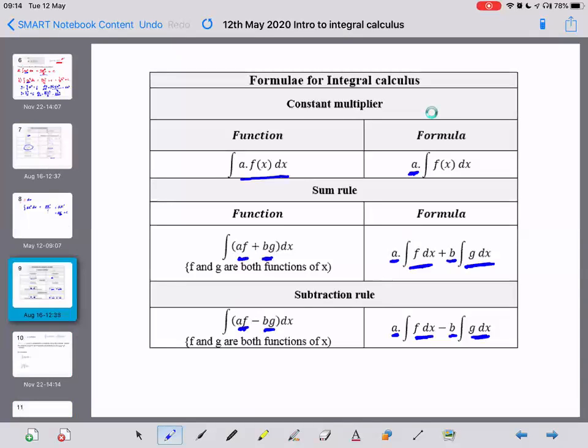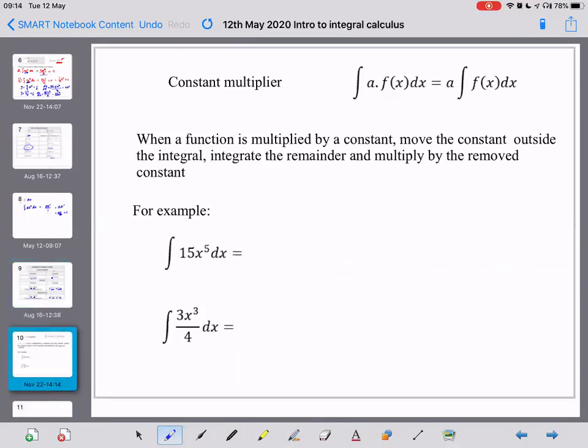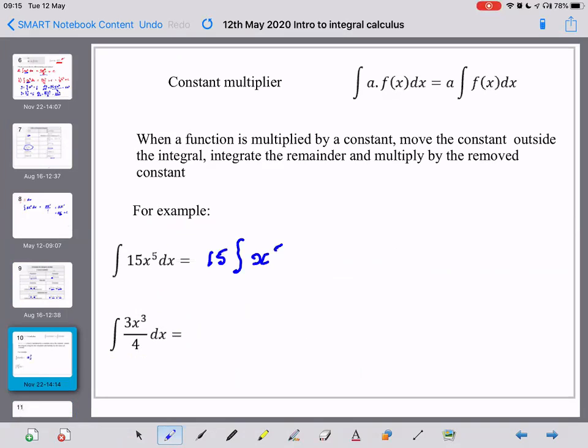Okay, so let's have a look at a couple of examples of using those rules. Constant multiplier: when a function is multiplied by a constant, move the constant outside the integral, integrate the remainder, and multiply by the removed constant. So this one, for example, is equal to 15 times the integral of x to the 5 dx.